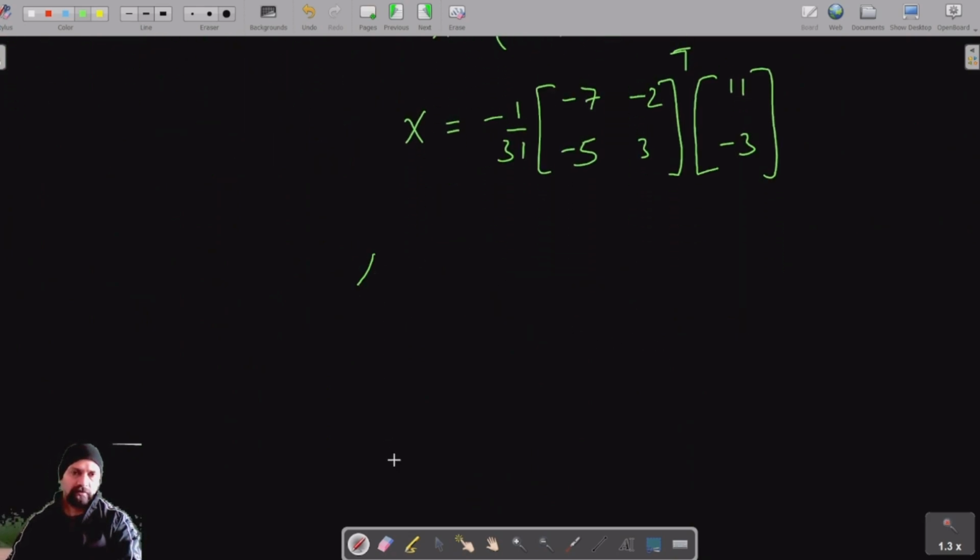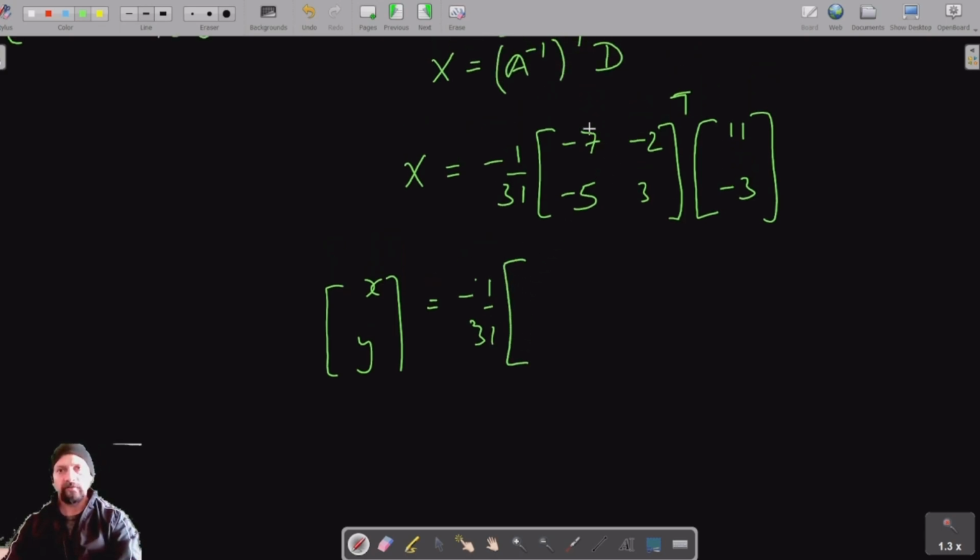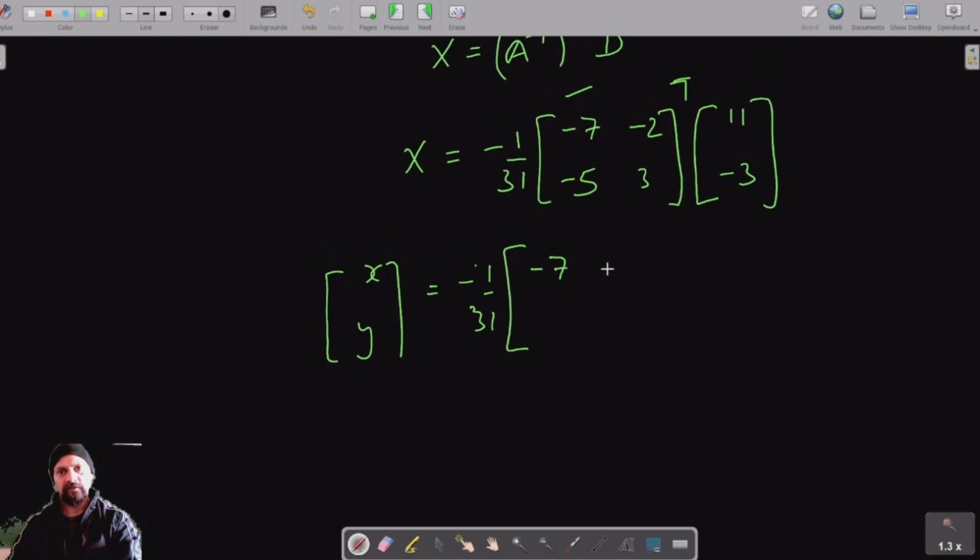So X has variables x and y. So this is equal to, we can keep the constant out. So the transpose of this is minus 7, minus 5, minus 2, 3, and 11, minus 3.